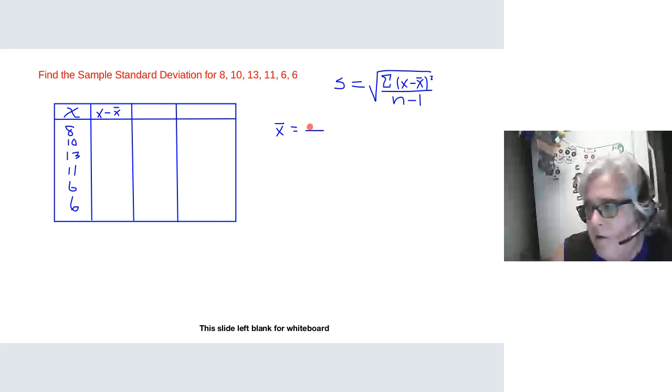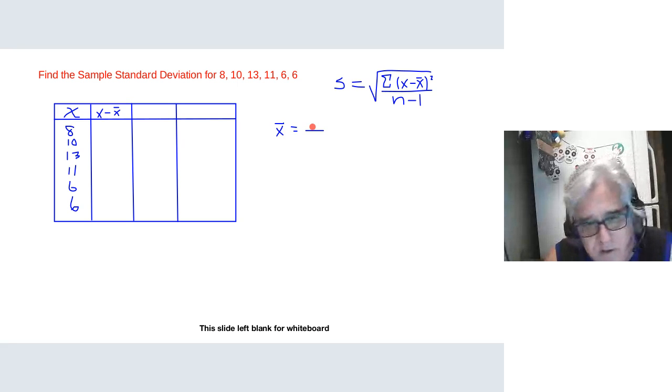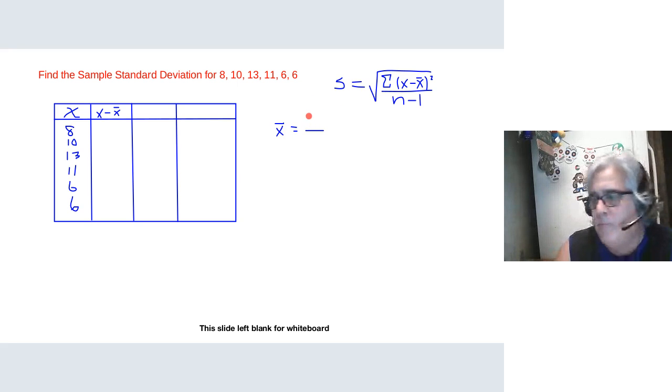Okay. So we have to figure out what the total of the data pieces are. So it's 8 plus 18, 8 plus 10. So this is 54 total.